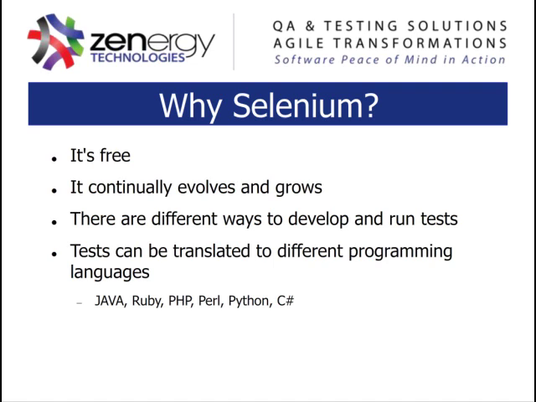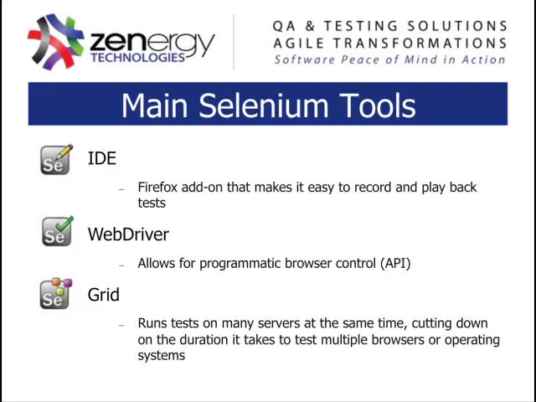So for example, if you need to interact with a database and write some query against it, if you're doing it in Java or Ruby, probably someone has already done that and created classes that you can reuse, so you don't have to code it again. But if you're using, for example, Perl or something like that, there might or might not be that feature already built out for you. So again, we typically like to stick with Java or Ruby because they have the largest user communities.